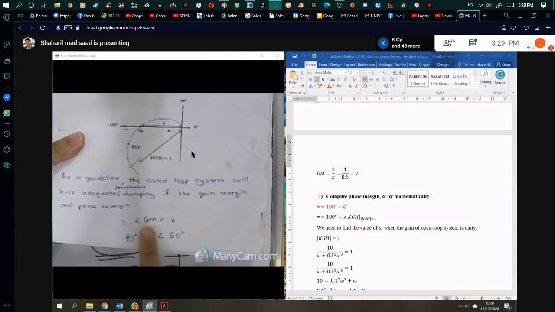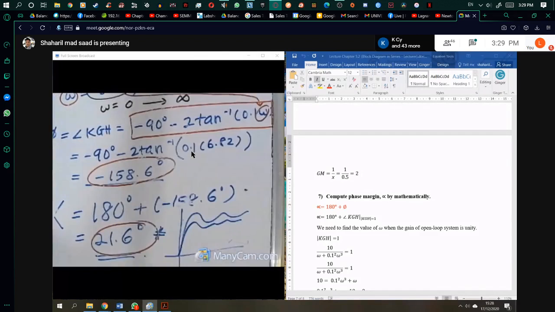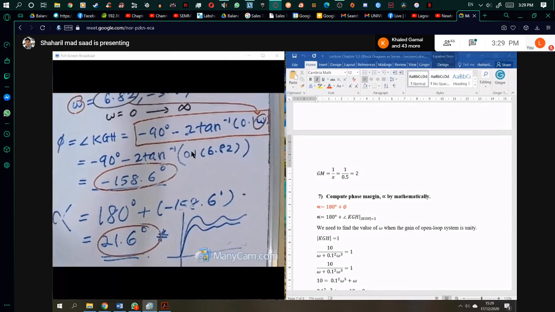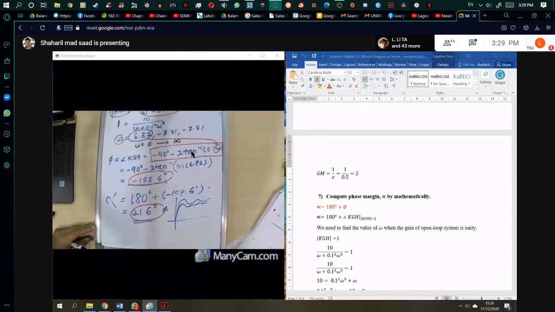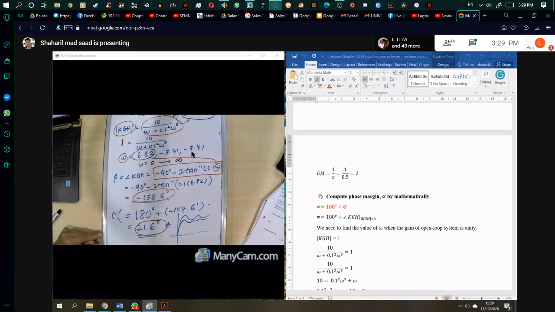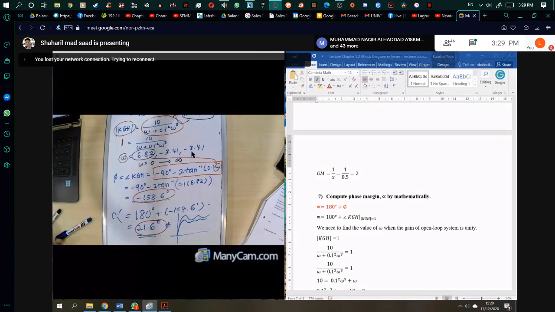So this is the guideline. Good. And then after that we also calculated the gain margin and the phase margin mathematically, and then we can compare with the value that we got from the graph. Okay, so I think that's it for our class.